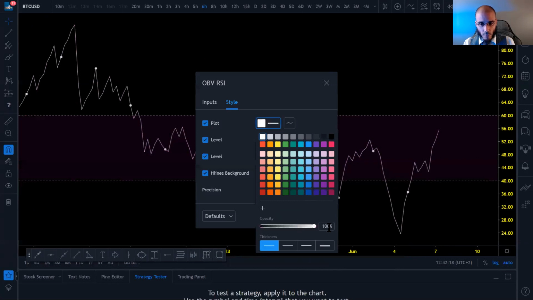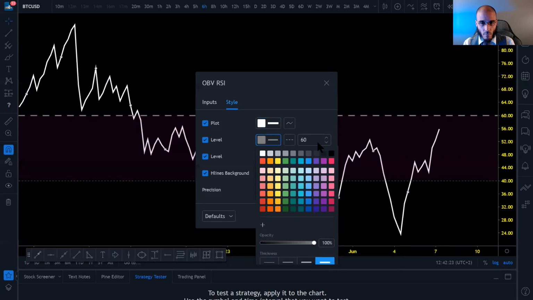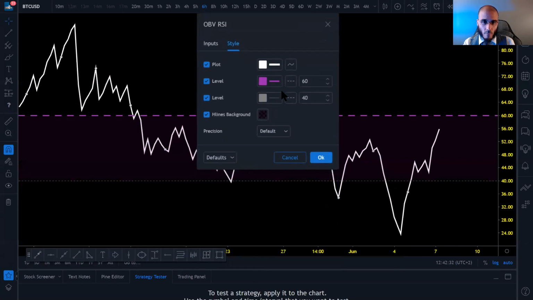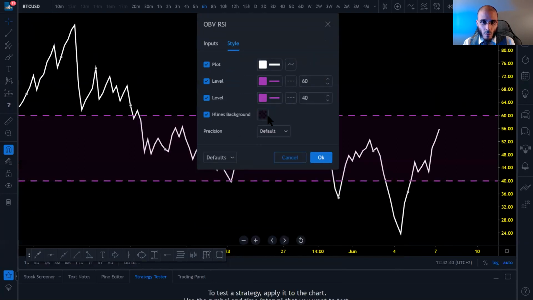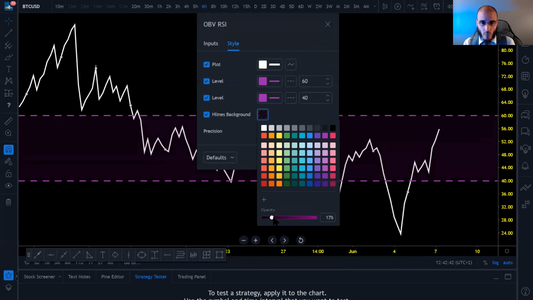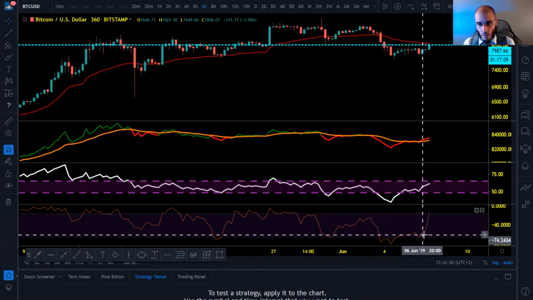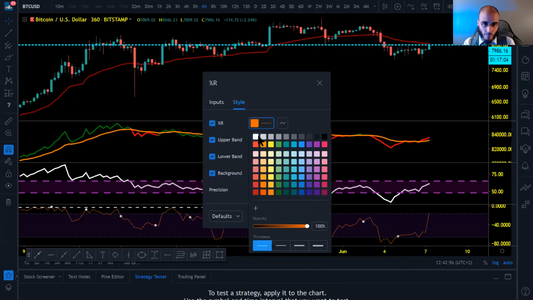Let's change that. And the last one. And now let's make that a little more opaque. Just slightly. Great. And my last indicator, we are nearly done.